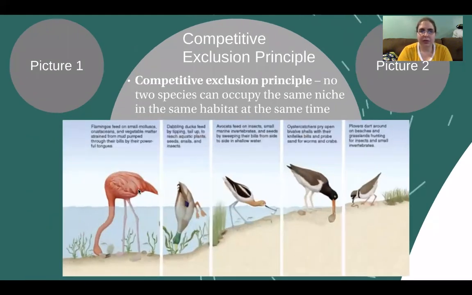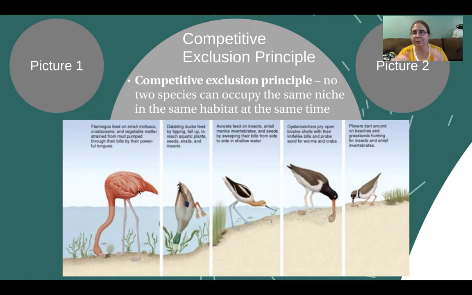Now, before we move on, we do have something called the competitive exclusion principle. What this states is that no 2 species can occupy the same niche in the same habitat at the same time. And that doesn't mean that they can't compete. It means they cannot compete for every single resource.